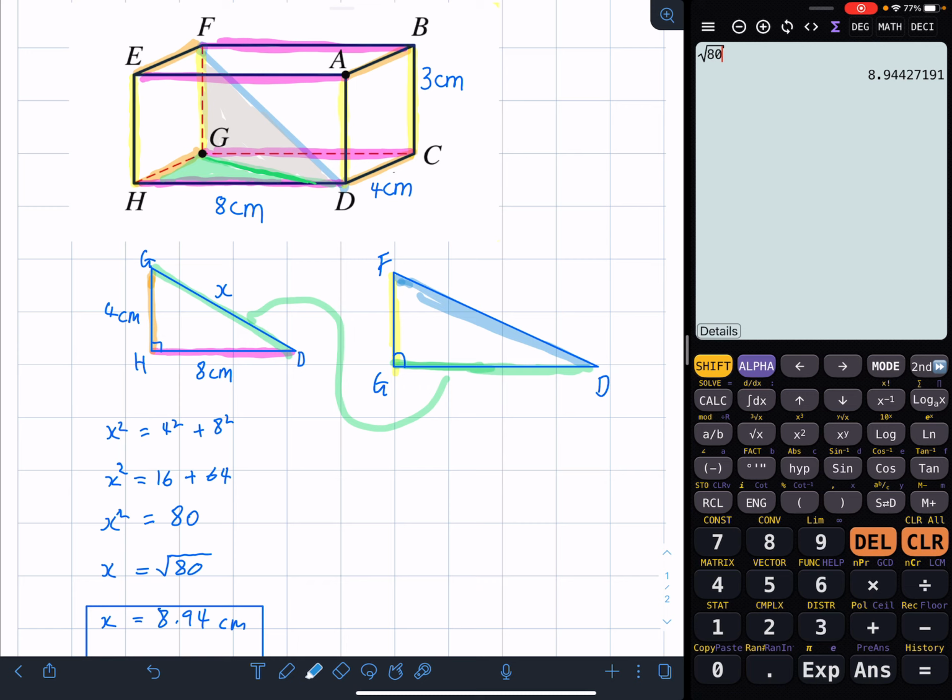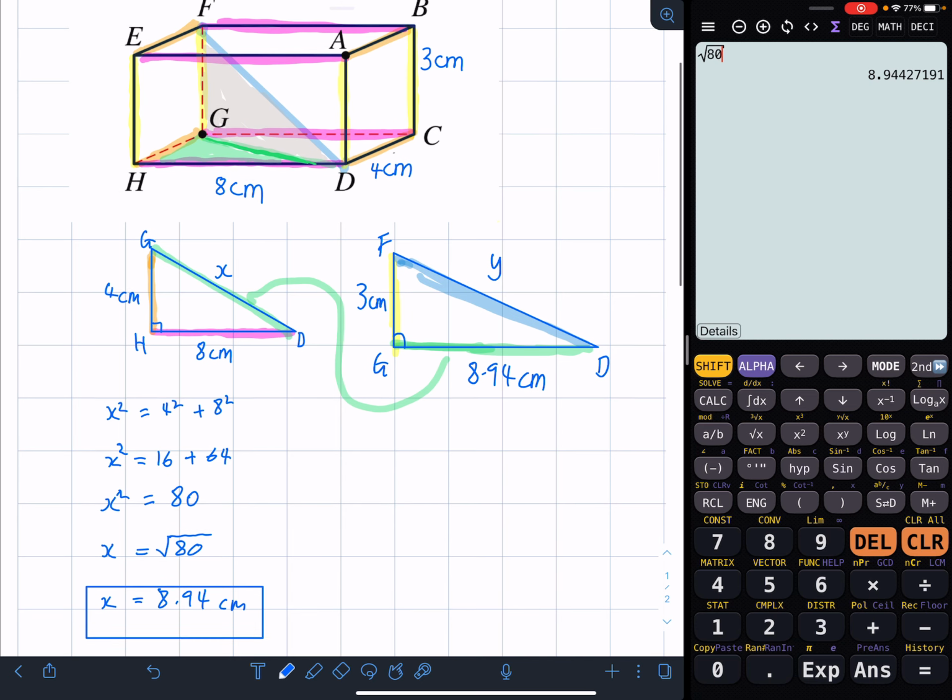Now we put the lengths in. FG is 3 centimetres. DG is, from our answer, 8.94 centimetres. And our unknown is DF, so I'm going to call that y.